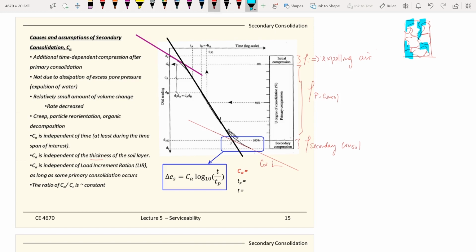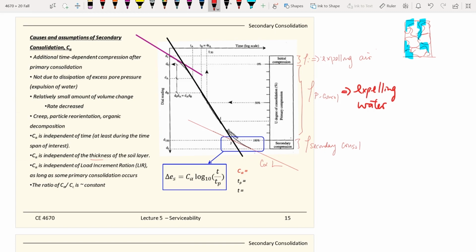And the primary consolidations, we talk a lot about this in the 366, and it comes from expelling the water from the clay. Now those waters trapped in the void space of the soil between the particles, now you load on it, you squeeze out the water.